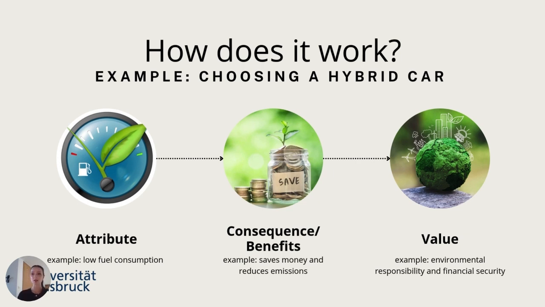So these features are what really draw the consumer's attention initially. Moving to the next level, the consequences of these attributes come into play. For instance, a hybrid car helps the consumer to save money on fuel and also contributes to reducing carbon emissions. These practical and emotional benefits are important for the decision-making process.